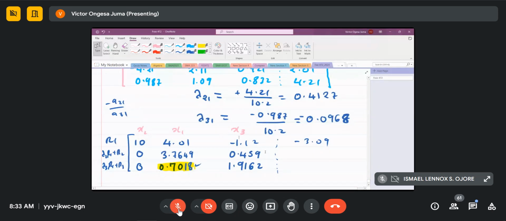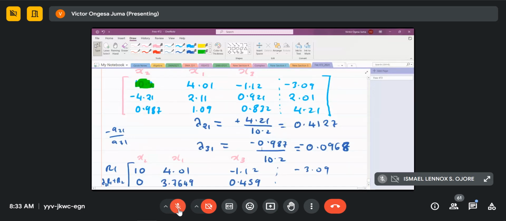Let us go step by step. 1.12, you multiply by 0.0968. Okay, I think I was multiplying by 0.968 instead of 0.0968. Yeah, you are right.